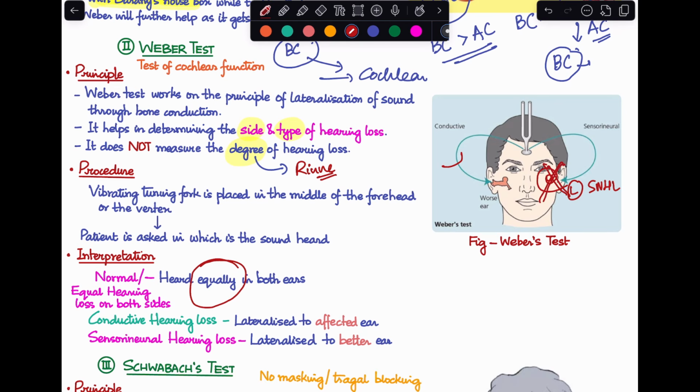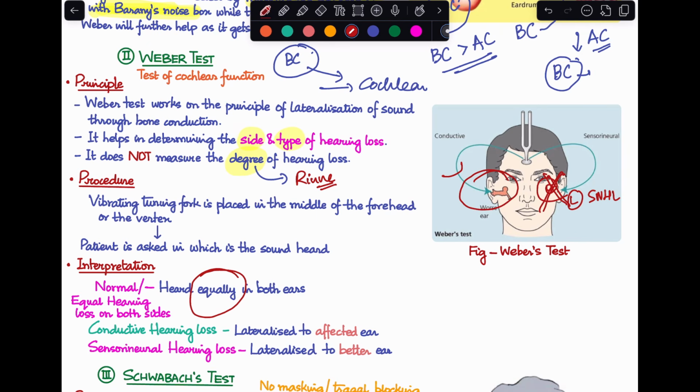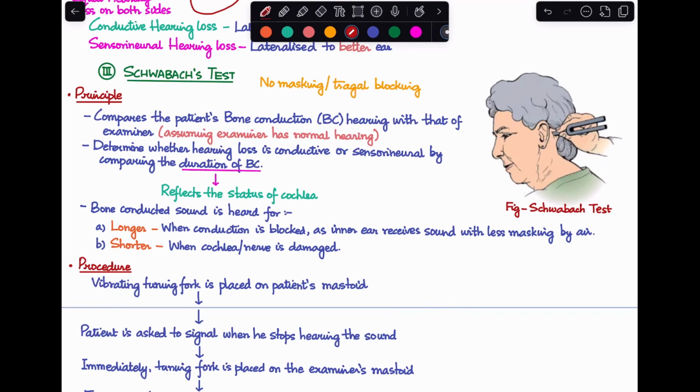But since the damage is in the left side cochlea, the left cochlea is not able to perceive the sound, only the right cochlea is able to perceive the sound. Therefore, you end up hearing better in the better ear rather than the affected ear. So that is how we determine the site and the type of hearing loss based on Weber's test.